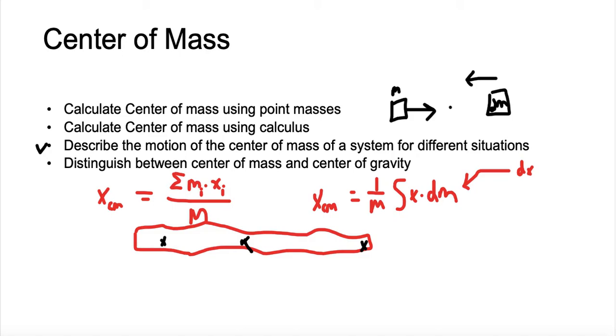And then finally, we have to distinguish between center of mass and center of gravity. Well, the center of mass is always in the place where there is a center of mass, and gravity varies a little bit.